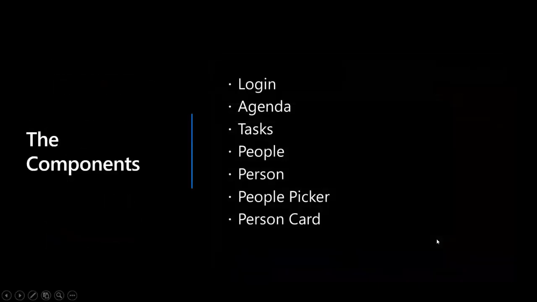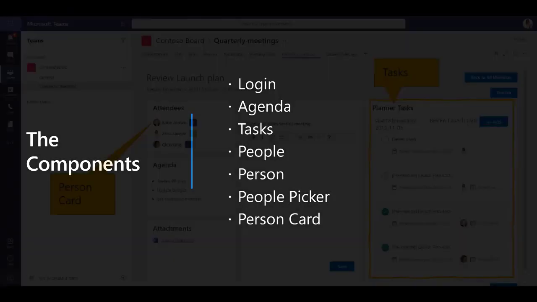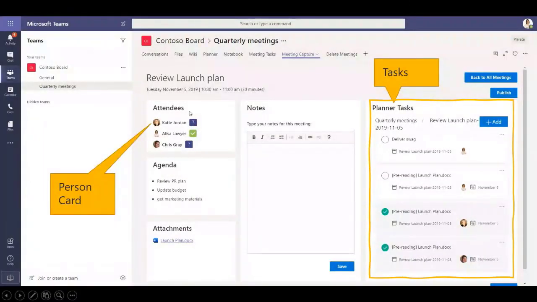I have listed a few of the components which use Graph Toolkit. At Microsoft Build, they introduced a new component called person card hover. Let me show you. This is a person card and this is a task. Let me show you a quick demo.